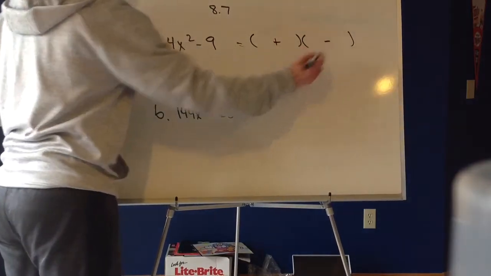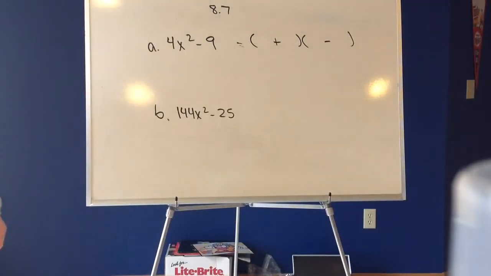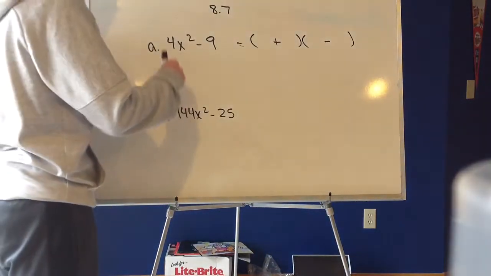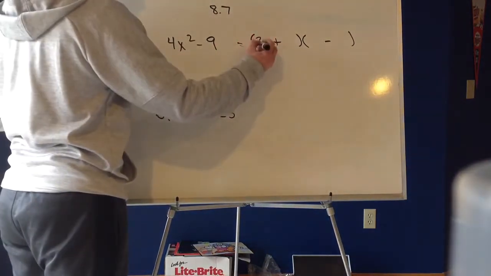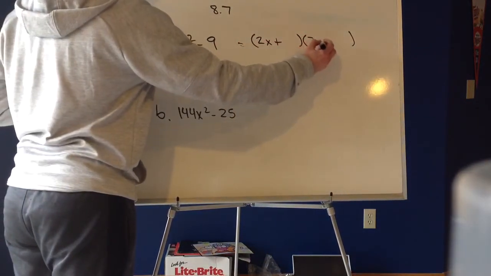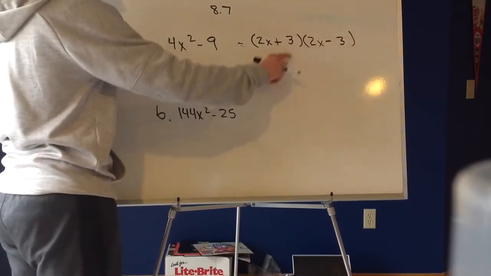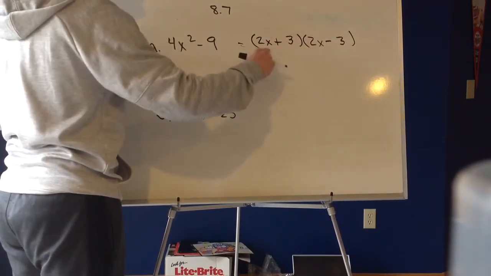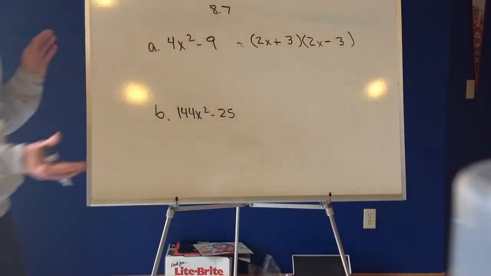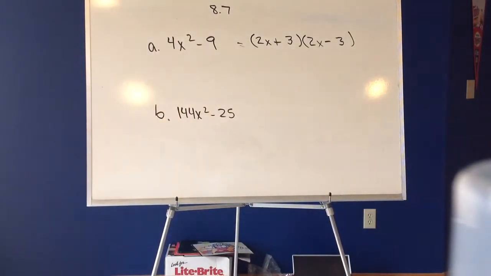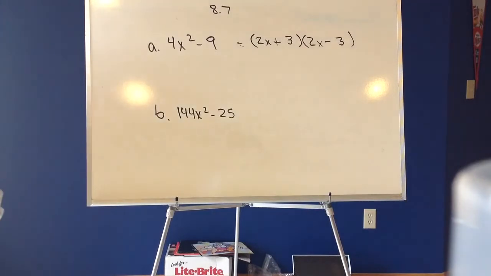Always opposite signs. Don't care which one goes first, which one goes second. Okay, square root of 4x squared would be 2x. Square root of 9 would be 3. And notice when you check positive 6x, negative 6x, that's why they cancel. That's exactly what needs to happen.